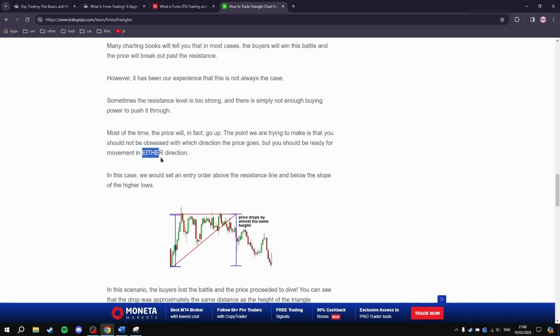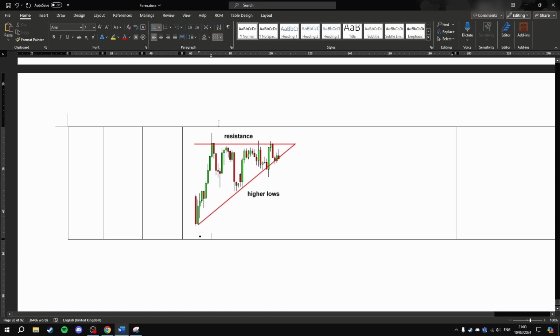Okay, so it's not guaranteed to actually go in one direction. Although there is a chance of a breakout going upwards, that is not always the case.